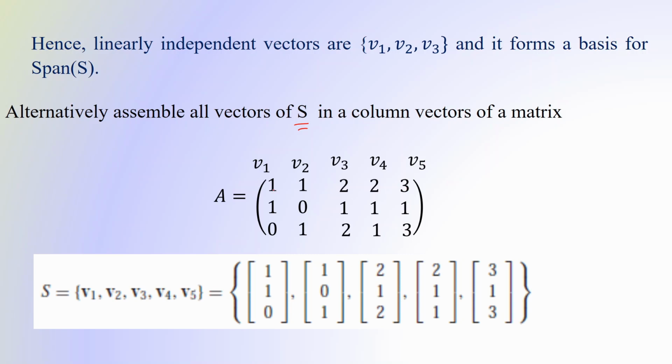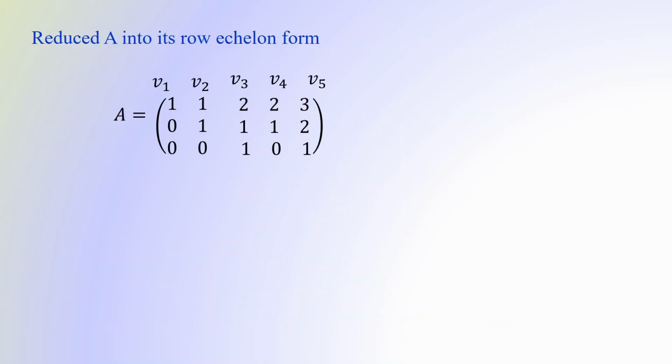So we have the vectors V1, V2, V3, V4, V5, and we assemble all these vectors as columns of a matrix A. Now having this matrix A, we reduce A into its row echelon form using elementary row operations.